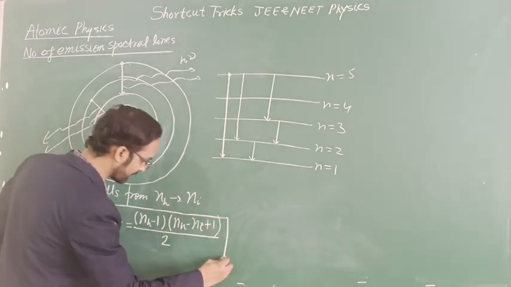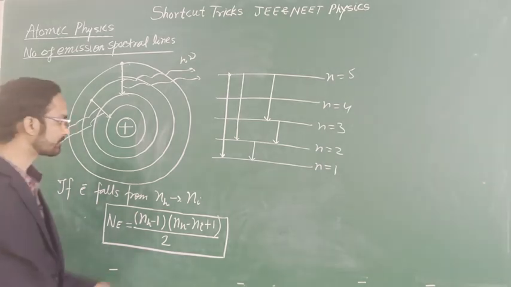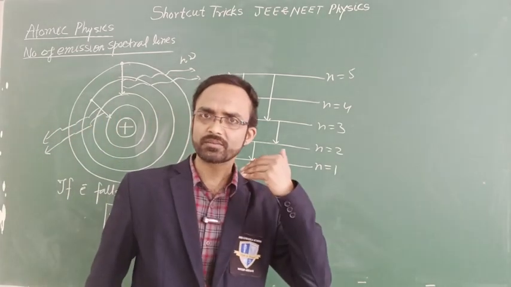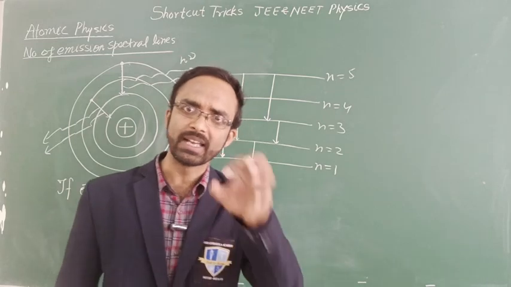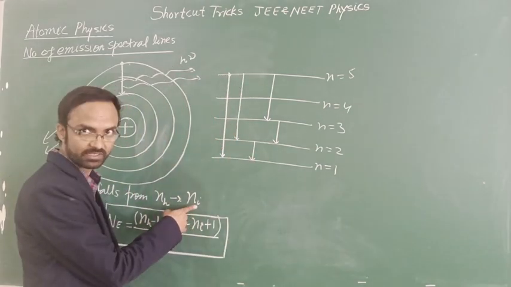This is a very important formula for when an electron from any higher state comes to any lower state. This is not necessarily the ground state.